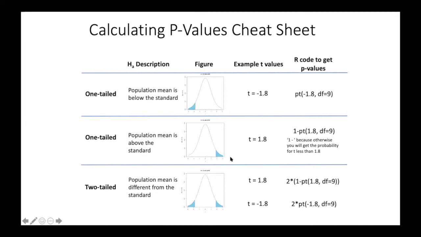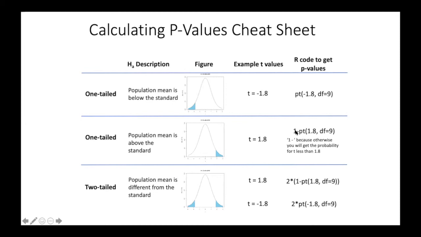But you remember that the area to the right of any value plus the area to the left of that value is always going to equal 1, because the total area under a probability density function is always equal to 1.